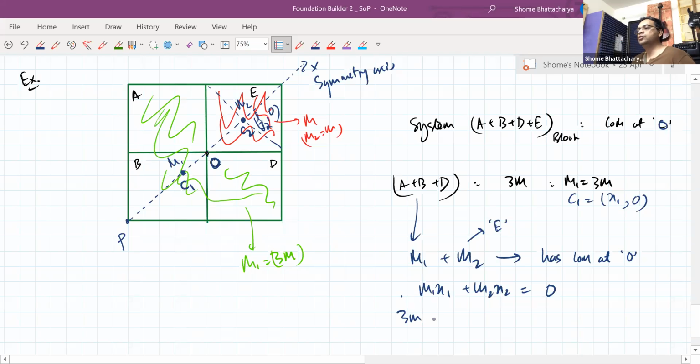M1 was 3m into its unknown position x1, plus M2 was just m, but its coordinate was L by root 2. So that is equal to 0.